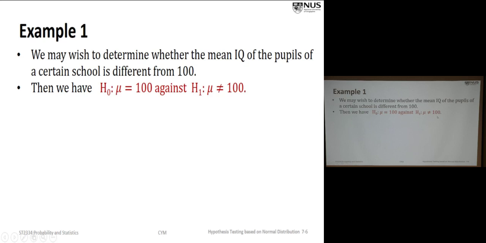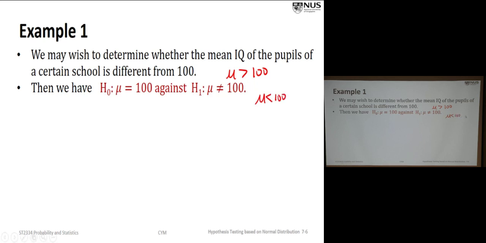That's the statement. And we believe that maybe this school, the students there are very smart. Then my alternative is that, okay, the average may be greater than 100. Maybe this school is a special school, then maybe the IQ may be smaller than 100.